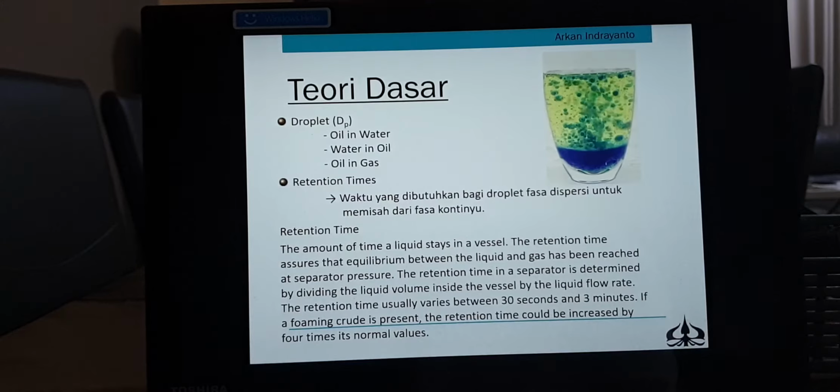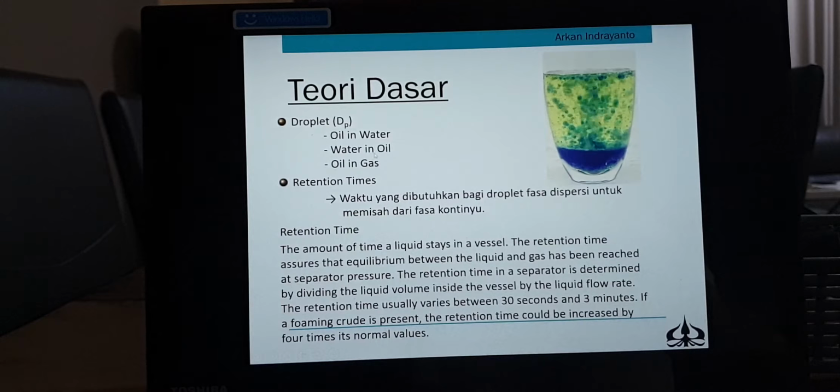And then we go to the design of separator. The basic theory is that we have a droplet. In a separator we have a droplet, and we assume that everything is spherical. So an oil droplet, spherical, in water means the continuous fluid is water and there is oil in it.